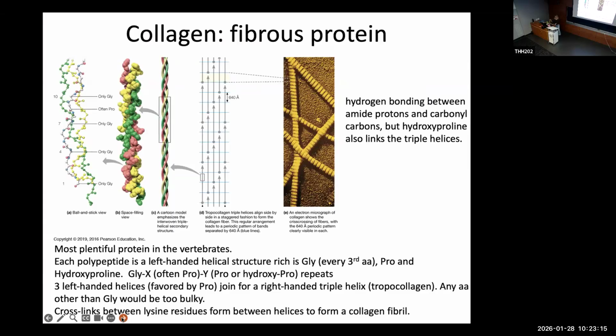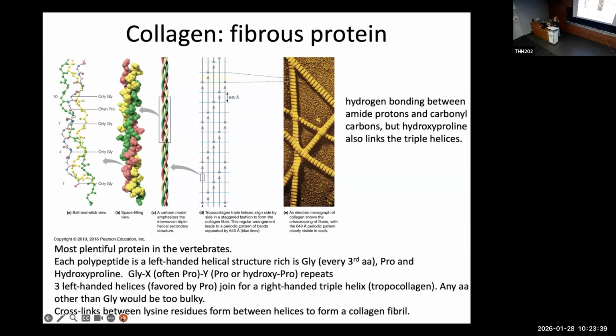Collagen is the most plentiful protein in vertebrates. It basically forms the structure of all of our connective tissue. And if we look at the diagram here, each one of these strands is an individual polypeptide. So the green is one polypeptide, the yellow is one, and then this white blue thing.